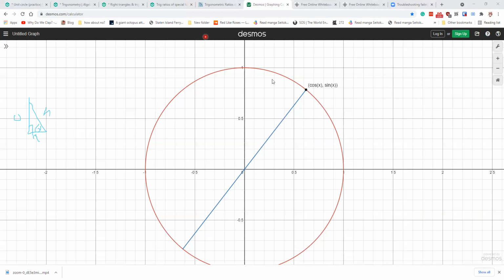When we try and define cosine x and sine of x with a unit circle, we can think of a triangle that uses these definitions very similarly, and we get that the cosine of x is equal to the x-coordinate of this point right here. Sine of x is equal to the y-coordinate of this point, the height of the triangle, and tangent of x, or the opposite over the adjacent, is equal to the slope of the line to the point on the unit circle.